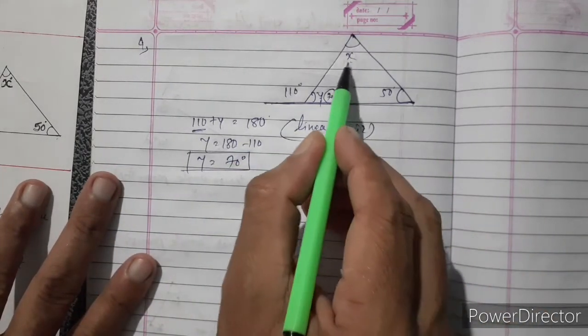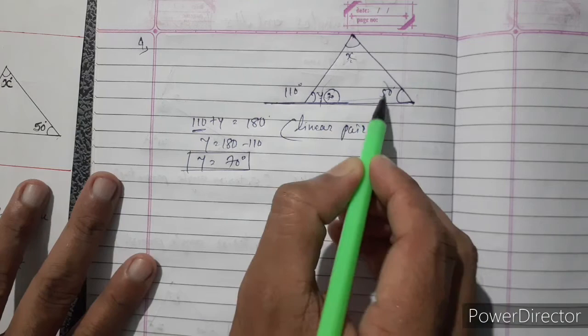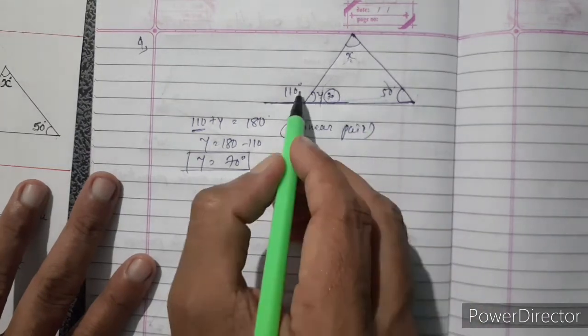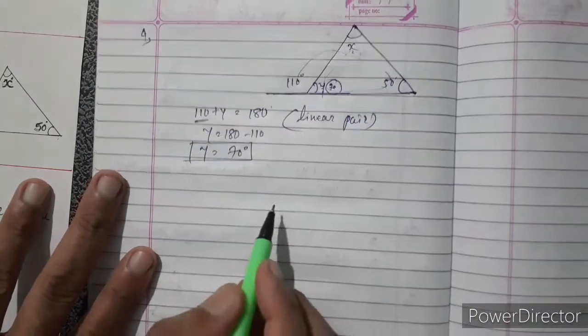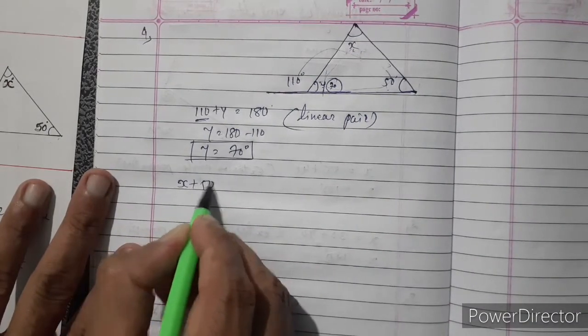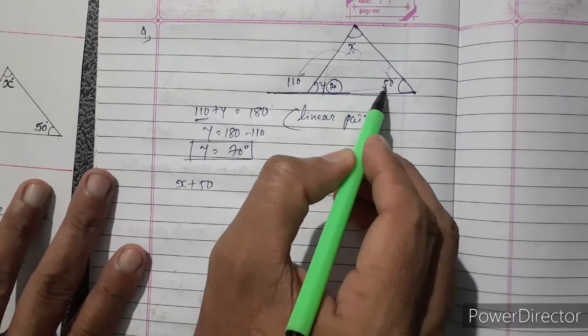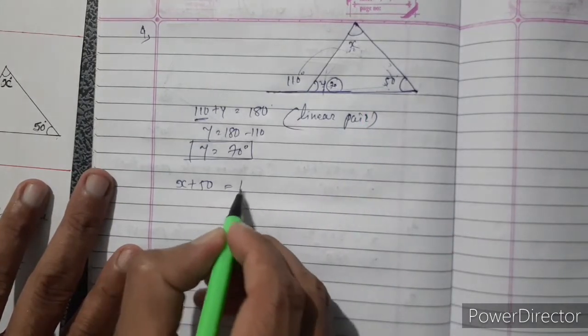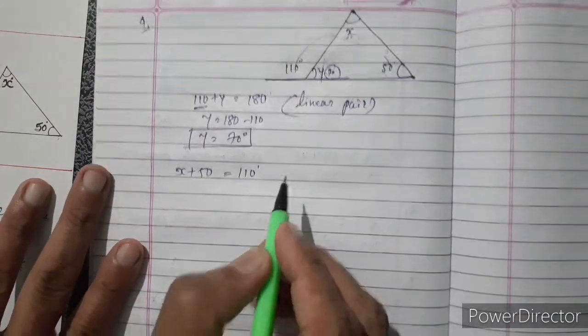Now you can use the angle sum property of the triangle, or the exterior angle property. Here we use the exterior angle property. According to that, x plus 50, the sum of the interior opposite angles, is equal to the exterior angle, that is 110.